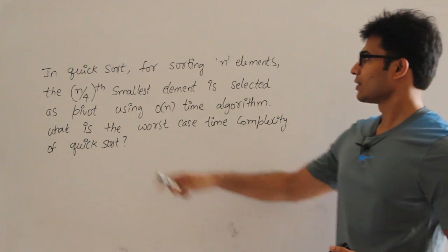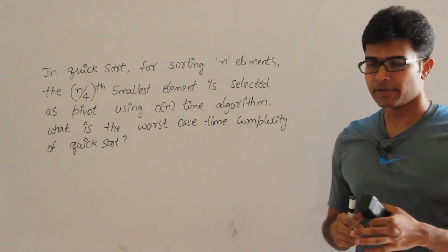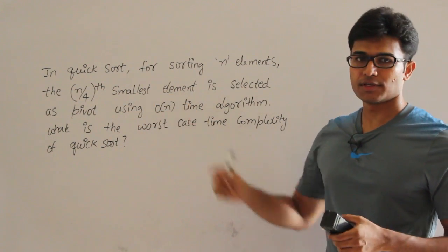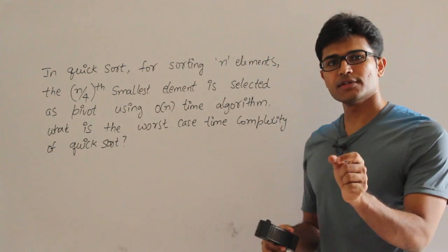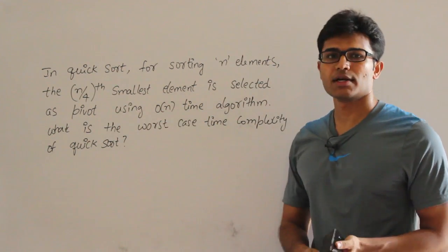See this problem: they are saying that in quicksort for sorting n elements, the n by 4th smallest element, which means whatever is the n by 4th smallest element out of all elements, is selected as the pivot.